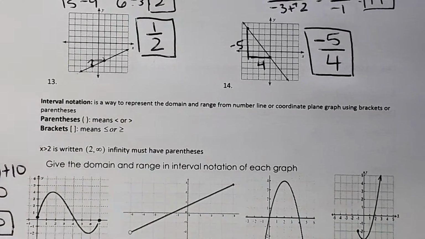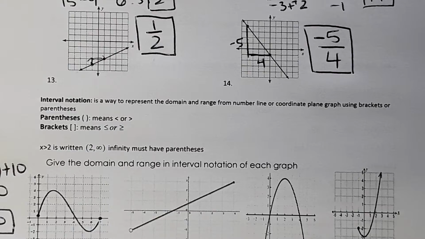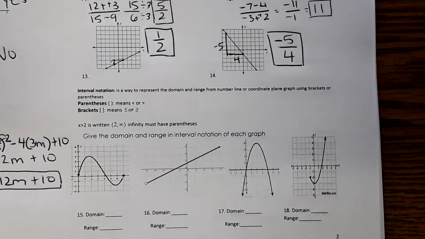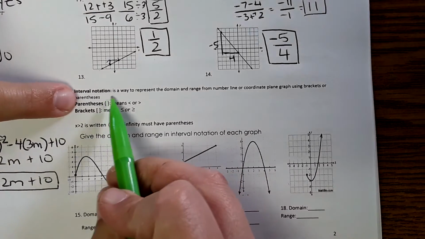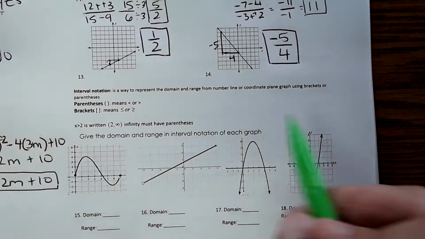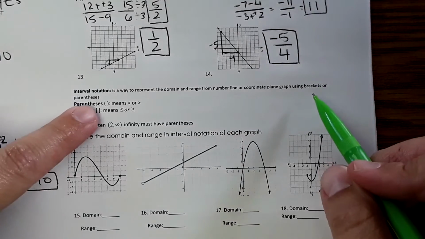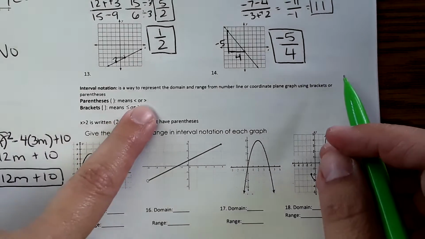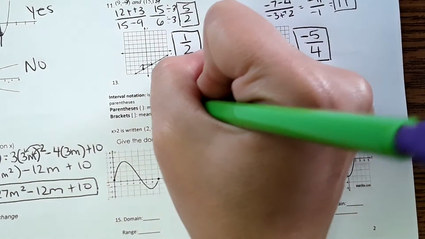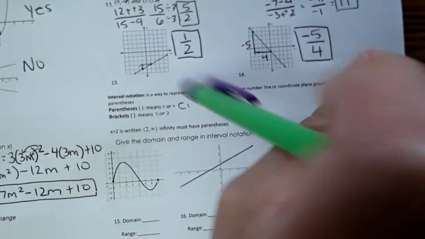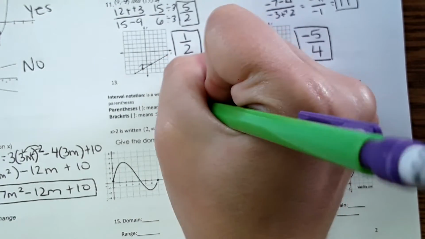Now this next part is what you may not have seen before, but it just builds on what we've been doing. Interval notation is a way to represent the domain and range from a number line or coordinate plane graph using brackets or parentheses. Parentheses here means less than or greater than, and this would also be an open circle when the circle's open.